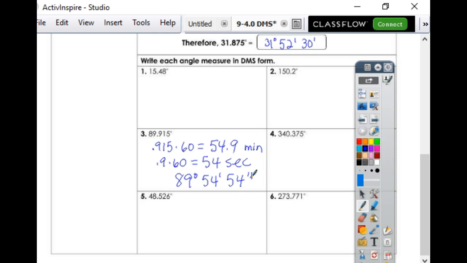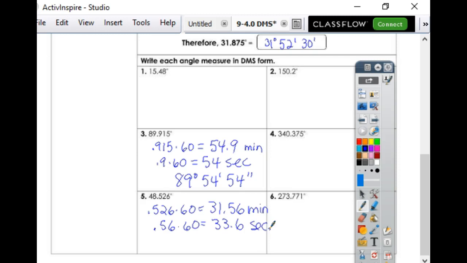Yes. So number 5, we're going to take 0.526 times 60, and that's going to give me 31.56 minutes. I take the 0.56 times 60, and that gives me 33.6 seconds.